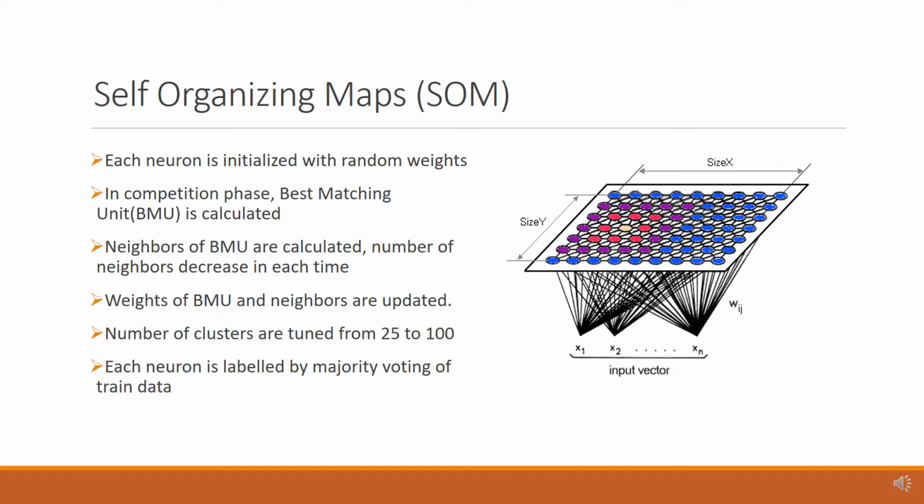And then neighbors of the BMU are calculated, and as we know, the neighbors will be basically decrease in each time. And then in the update phase, weights of BMU and neighbors are updated, and once the clustering is done, basically we will detect the anomalies based on majority voting here as well.